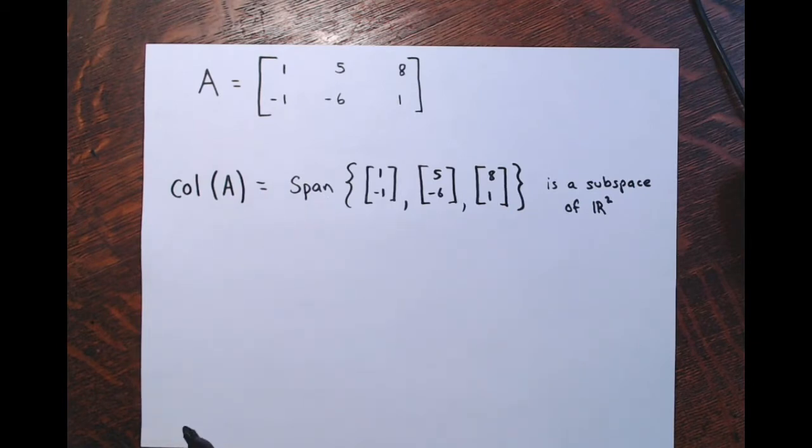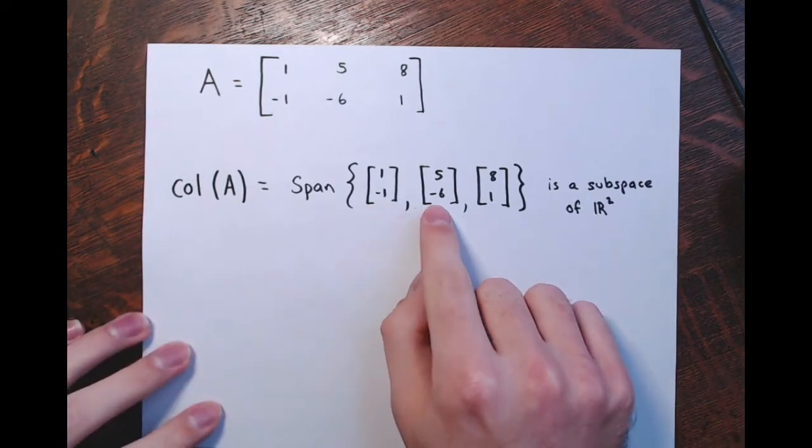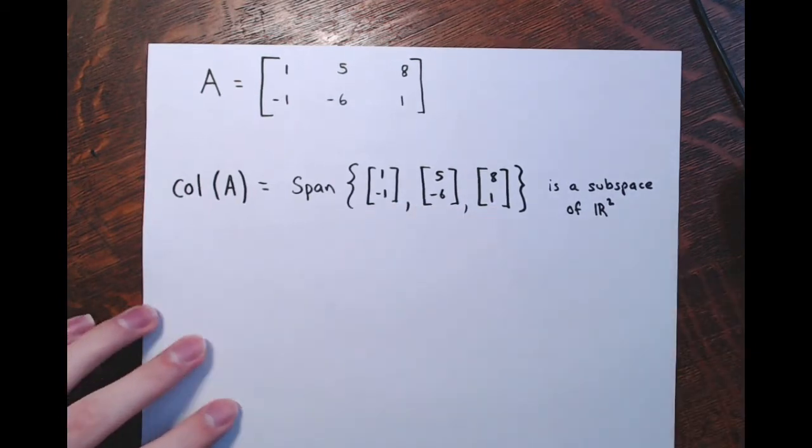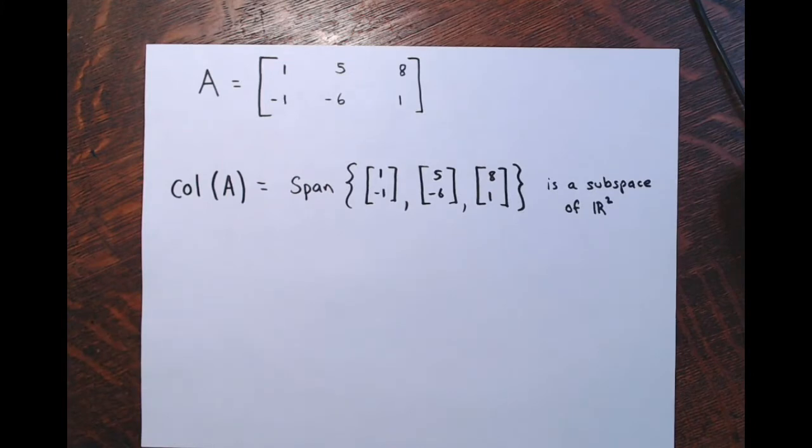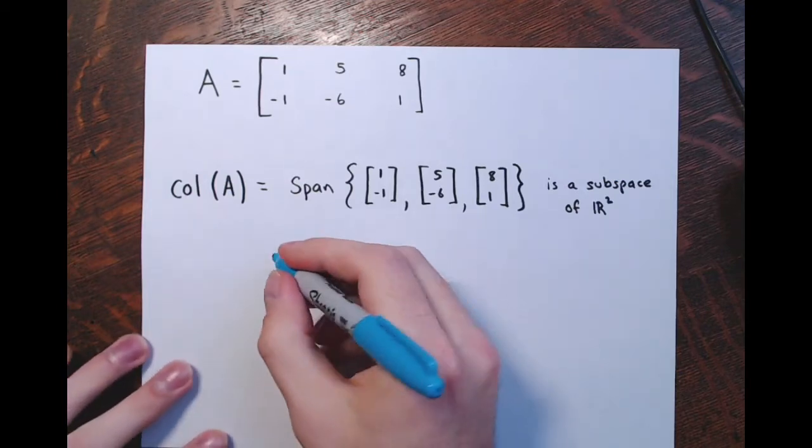So you might think, oh, well, aren't just these three vectors a basis? No, that's not the case here. Remember, if the number of vectors is greater than the number of components in each vector, then they won't be independent. So this can't form a basis.